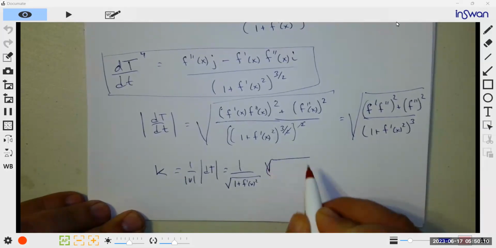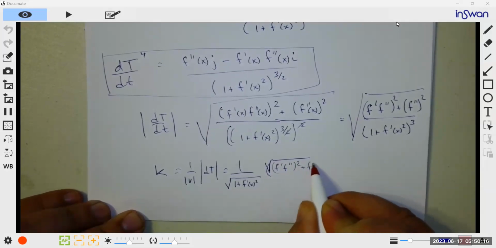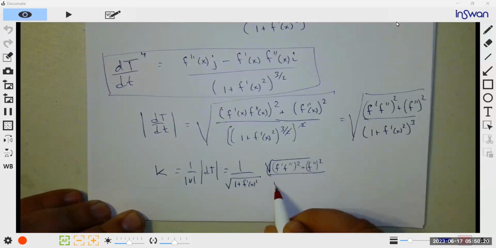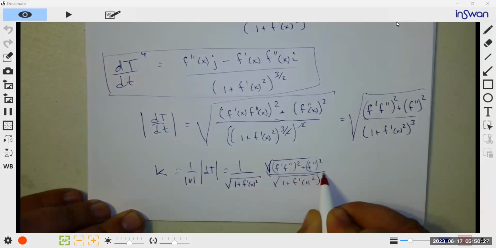Times the radical of f prime f double prime squared plus f double prime squared over radical 1 plus f prime squared cubed.